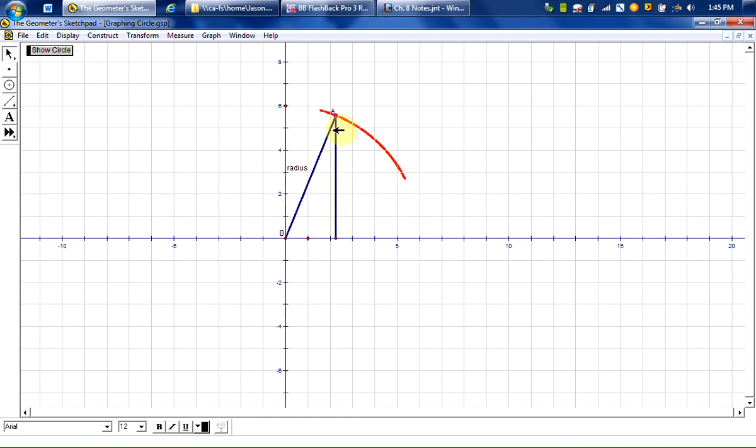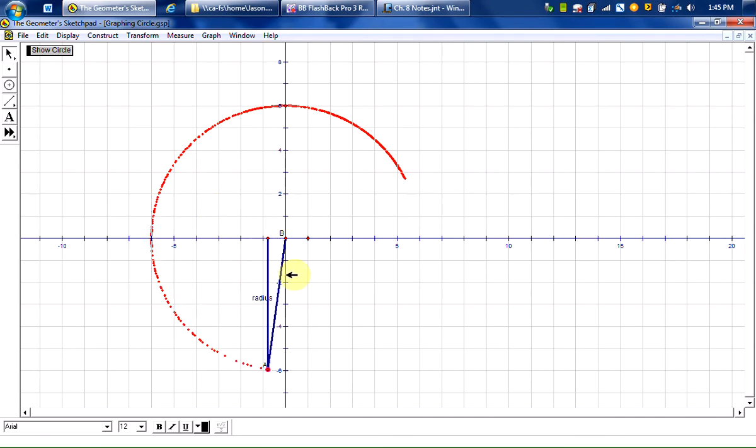So if I actually do the distance formula for this horizontal leg and this vertical leg, I would see that this radius or hypotenuse is staying fixed or the same length. And I'm just going to drag this around. And what I end up getting is a circle.